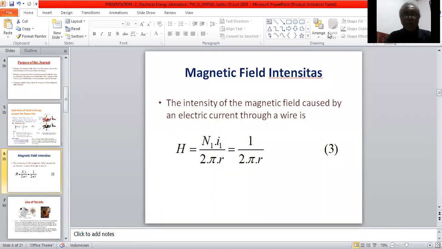And next, the magnetic field intensity is equation 3.